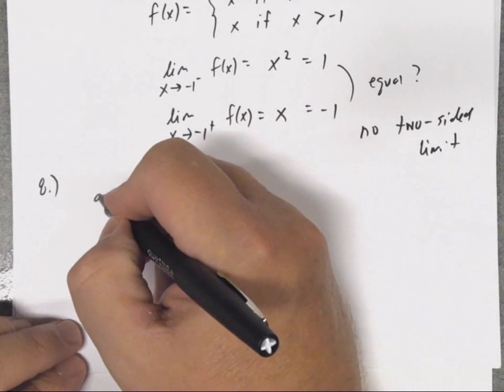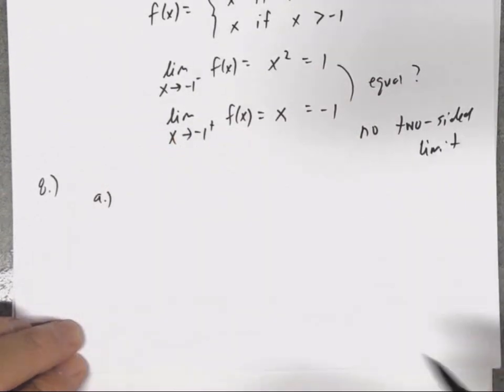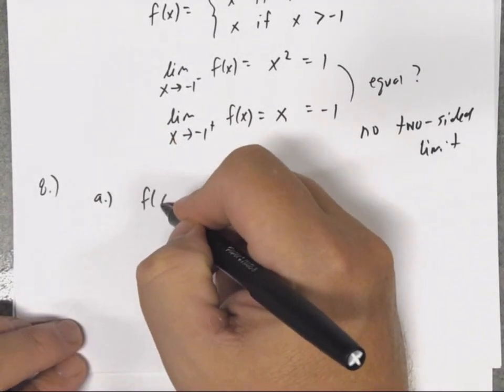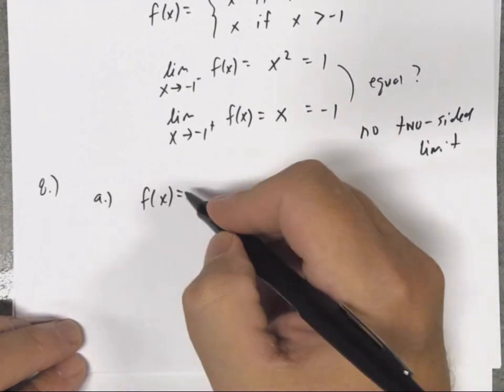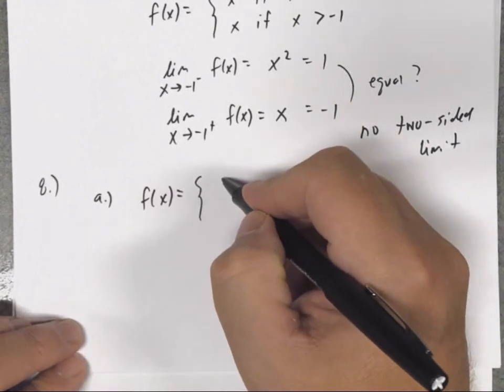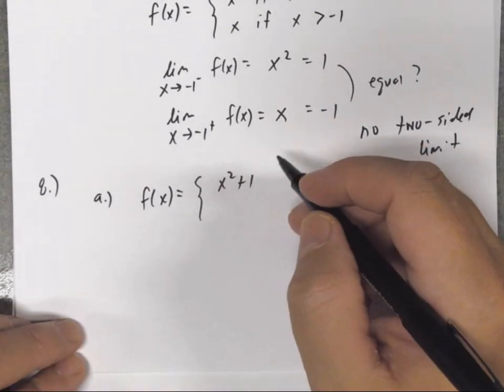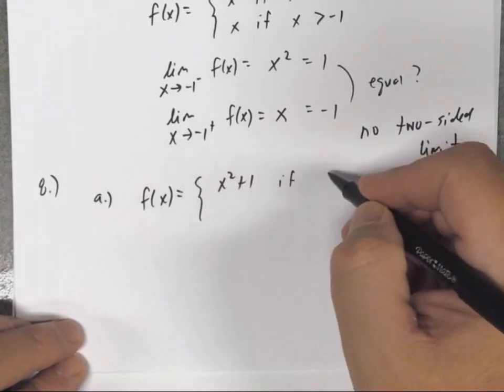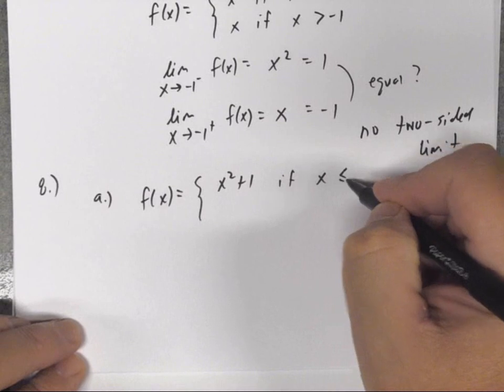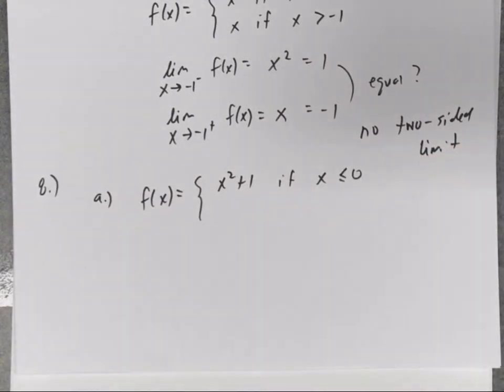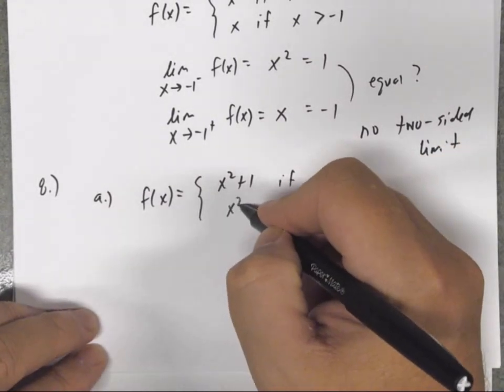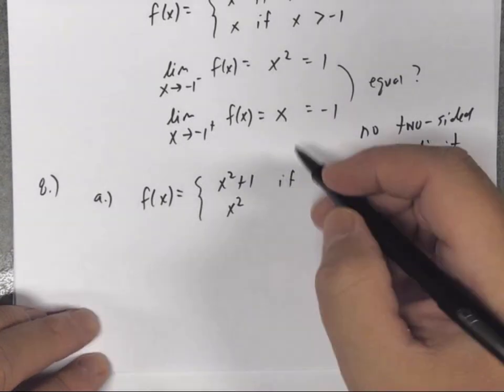So A starts out with a piecewise function. If x is less than or equal to 0, then f of x equals x squared plus 1, and otherwise f of x equals x squared.